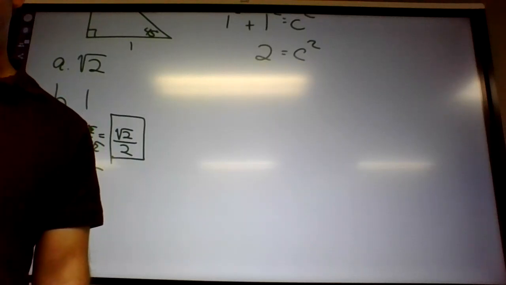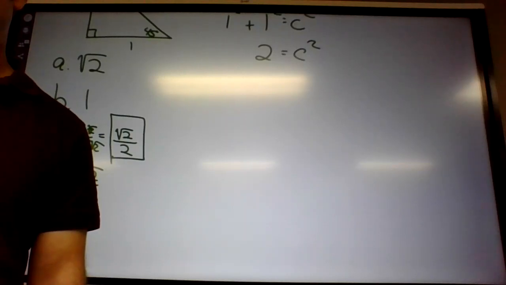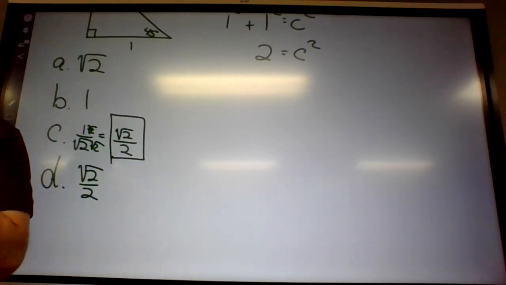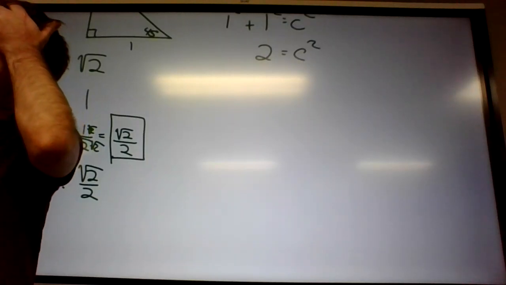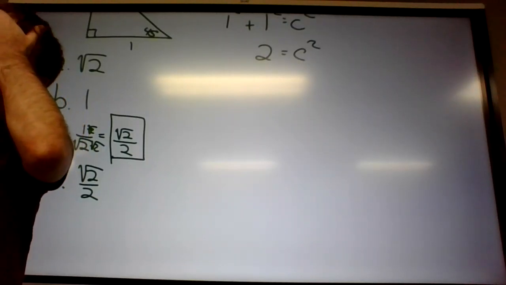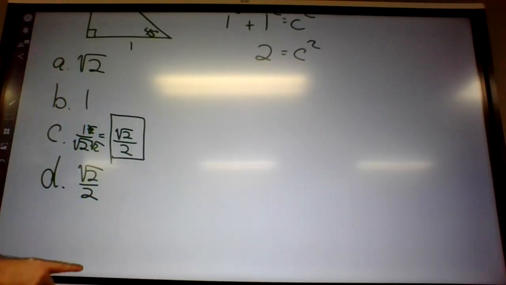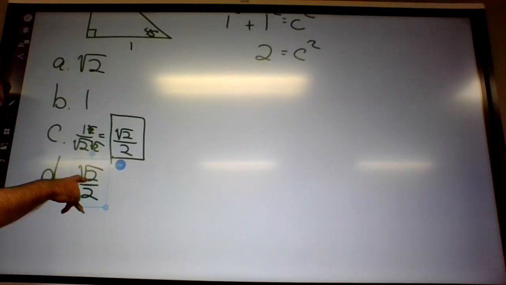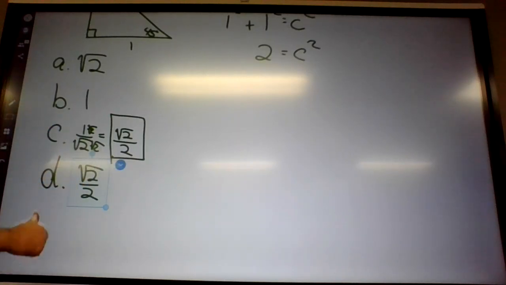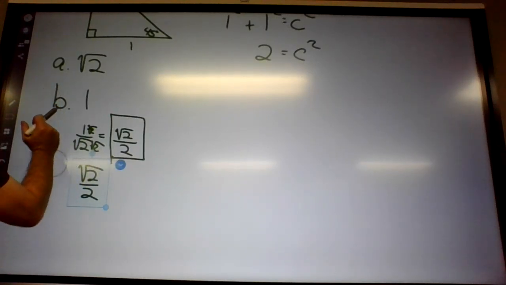C says convert the answers in B to decimal form. Compare these with the values obtained from the calculator. So yeah, C is kind of the outdated question. They wanted you to notice that the decimal you got on the calculator matches the decimal value of this. So we're just going to skip C. Actually, this B thing is kind of wrong.